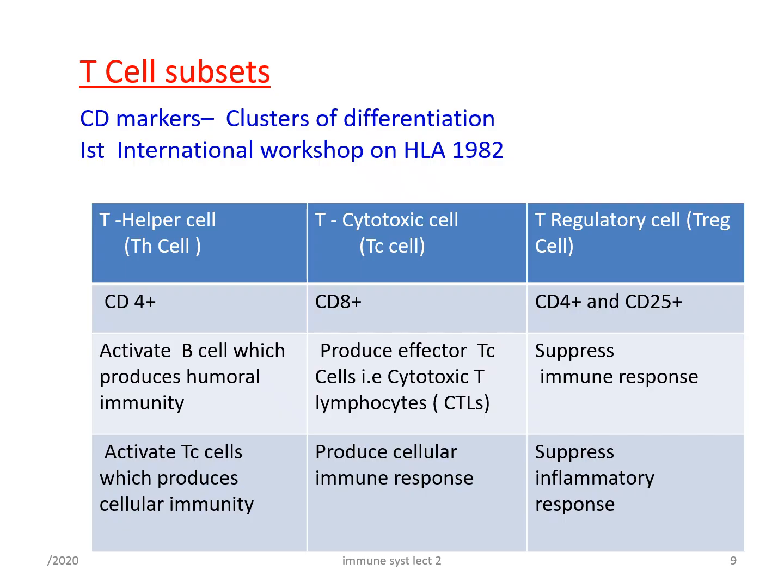Often there are more than one molecules which are used to identify a particular cell. So several molecules were identified, and a group of molecules which identified a particular cell or a stage of developing cell was clustered together as cluster of differentiation. That is how this came as CD markers.